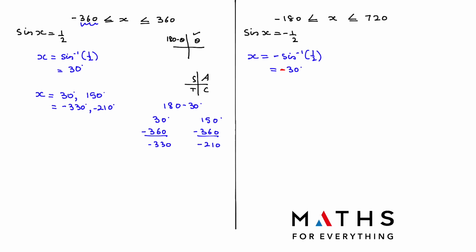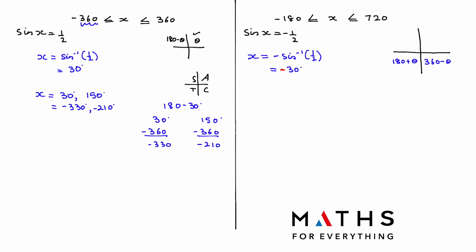The negative that we have is only used to let us know that we are supposed to use the quadrants where sine is negative. So where is sine negative? It's negative in the third and the fourth. And from the unit circle diagram, you should know that in the third quadrant, we use the equation 180 plus theta, and in the fourth, 360 minus theta.